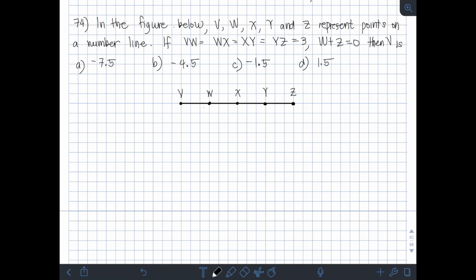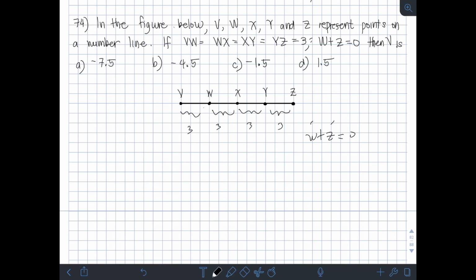Okay, so meron tayong number line, tapos sa number line na yon is nadi-divide into points, tapos merong specific length. So, equal daw itong VW sa WX, sa XY, tsaka sa YZ, at lahat sila 3 units. Okay? Tapos, yung W plus Z is 0.